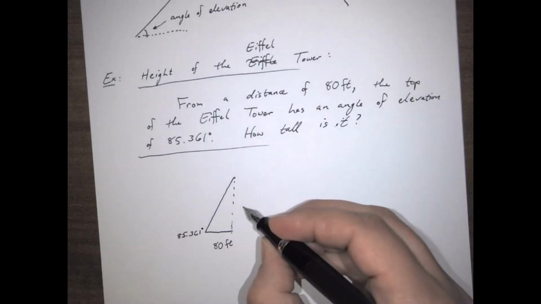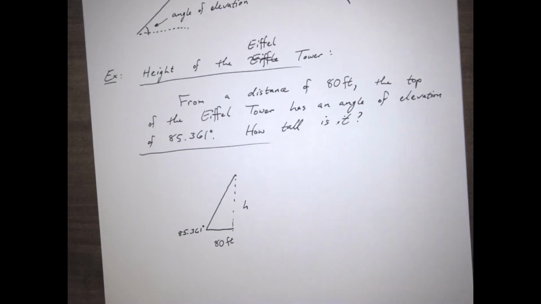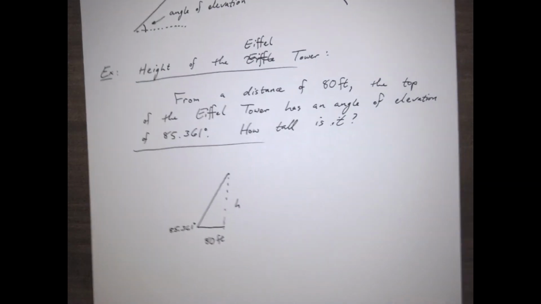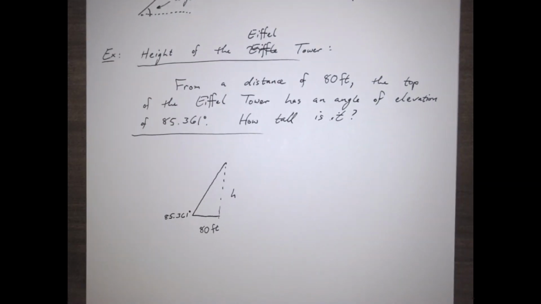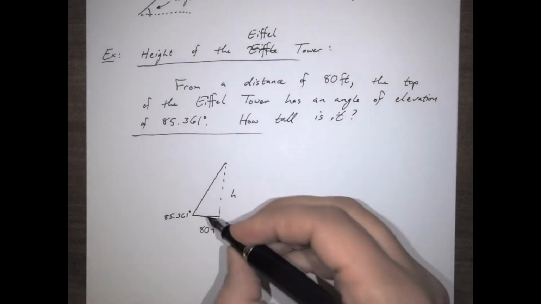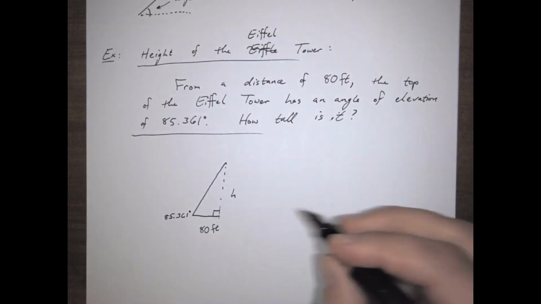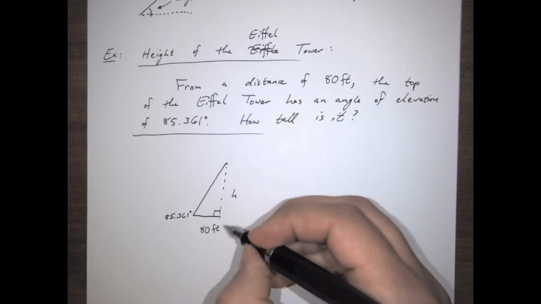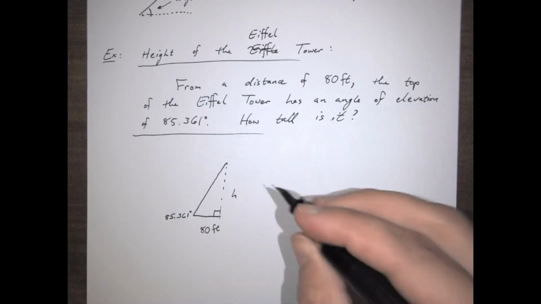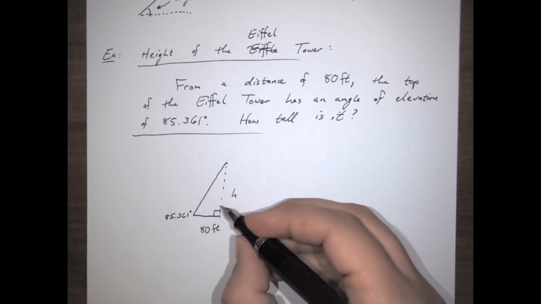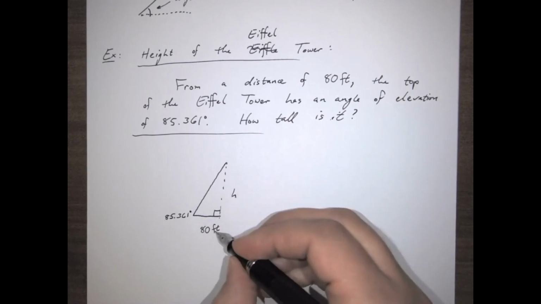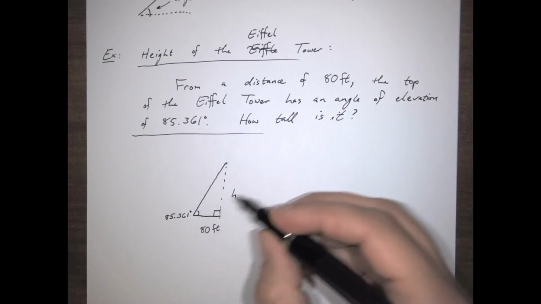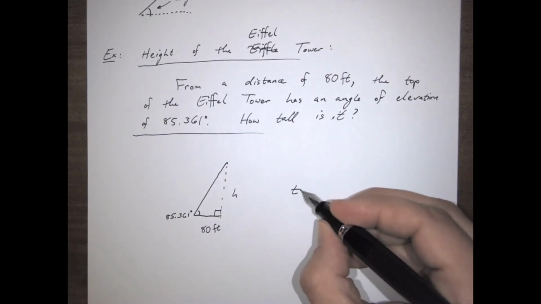And then the question is just the height here. And I'll just use H for height. Or we could use b if we wanted to stay in the more familiar letters. Okay, so then once again we just have made a little triangle here. It's a right triangle because we're just talking about the height from the ground, so straight up. And so we just find the trig function that connects what we want with what we have. And so that's going to be the tangent.